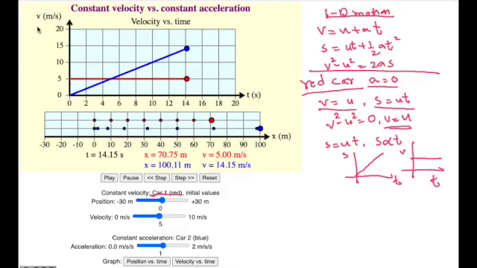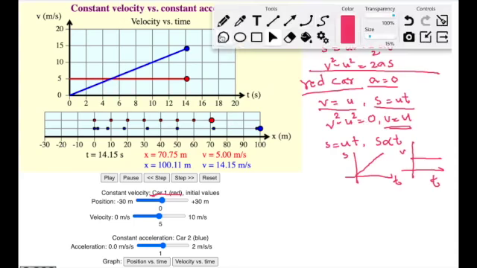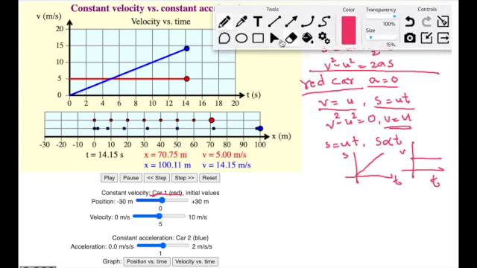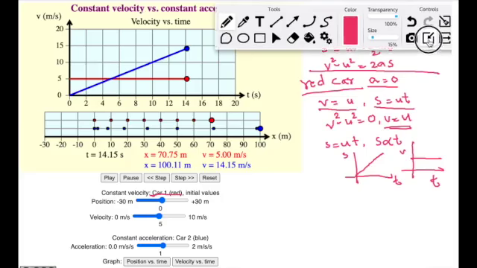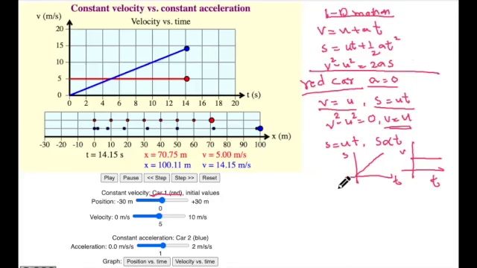So this is velocity versus time. Since it is accelerating with 1 meter per second square, the velocity increases linearly. See here, from 0 it increases to 15, and for the red ball, as I said, there is no acceleration, so the velocity remains constant.